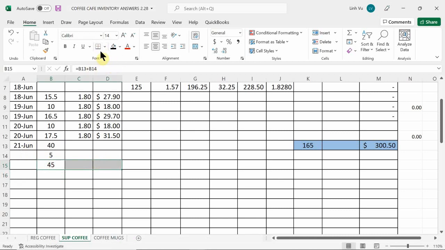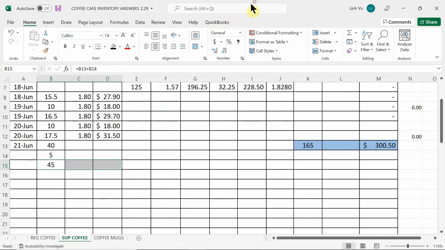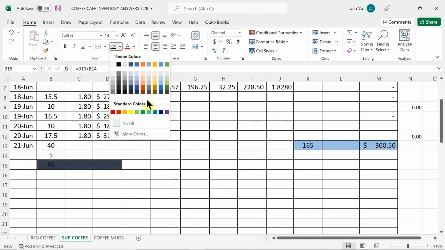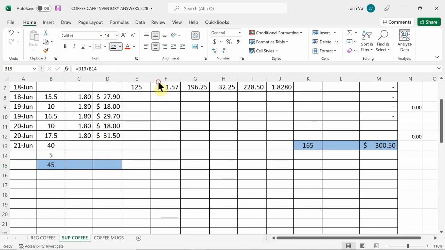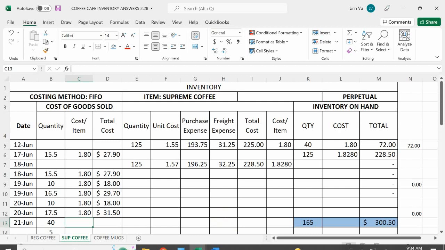I'm going to highlight this so we know that this is a calculation. Now, if my first batch of inventory is 40 pounds, how much is it going to cost me? What's my cost per item? 1.80, giving me a grand total cost of $72.